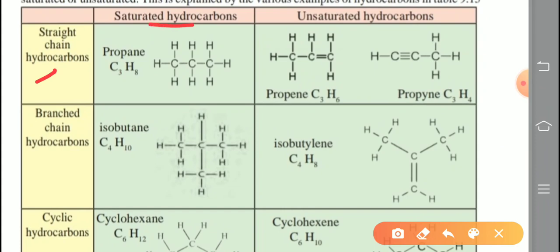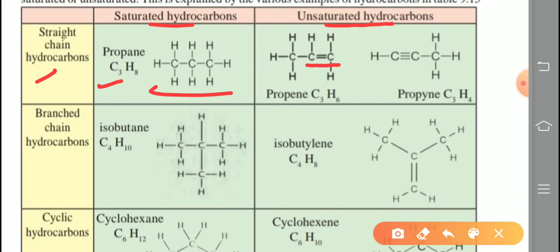Now saturated, we are taking the example C3H8, propane. So this is a straight chain structural formula shown. Now in case of unsaturated, means a double or triple bond present between any two carbon atoms. So a double bond is shown between these two carbon atoms, the remaining valency satisfied by what? Hydrogen atoms. So it is a double bond.